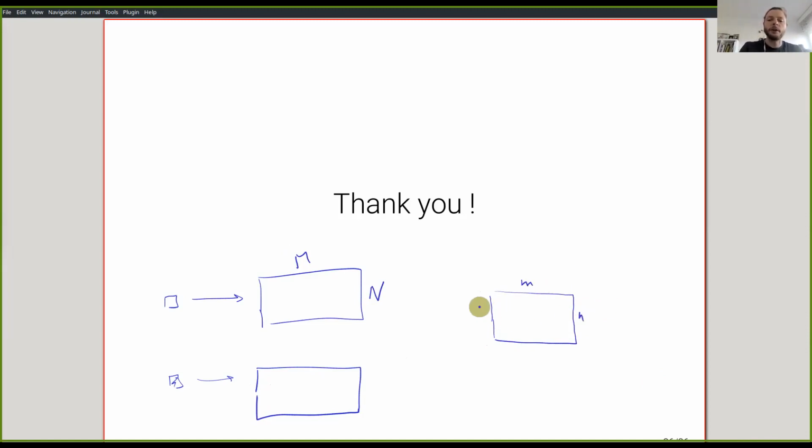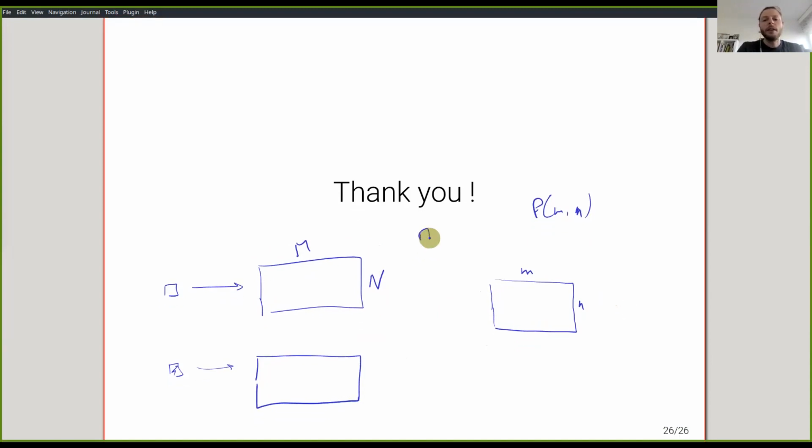So if this is the rectangle where we look at the complexity, small m and small n, and the substitution is big M and big N, if this has almost the same shape, then we can have the same bound in the marked case.